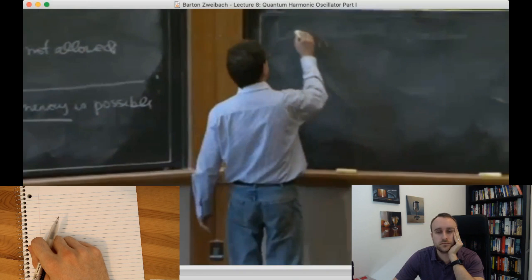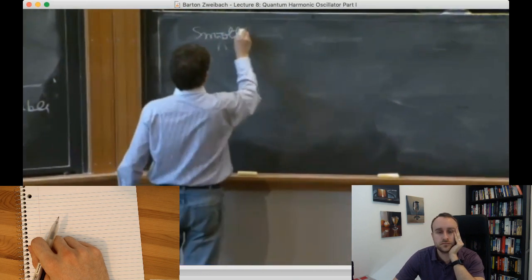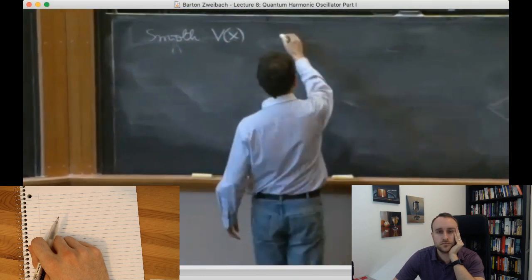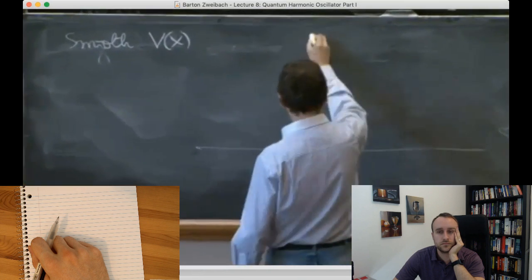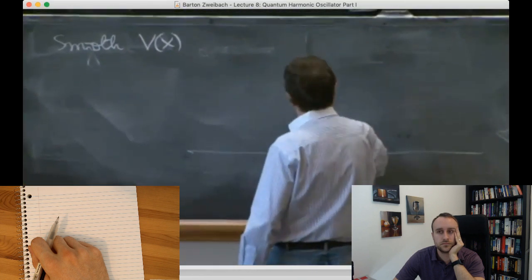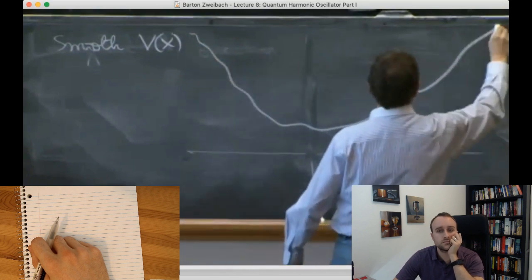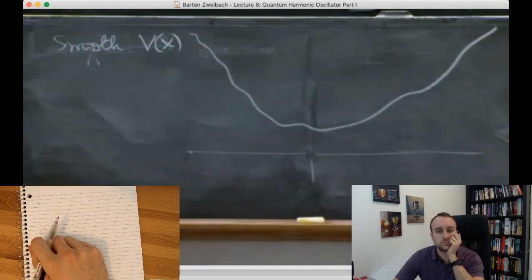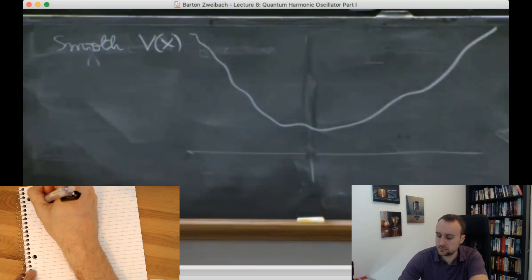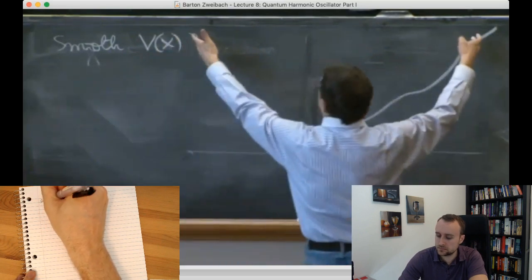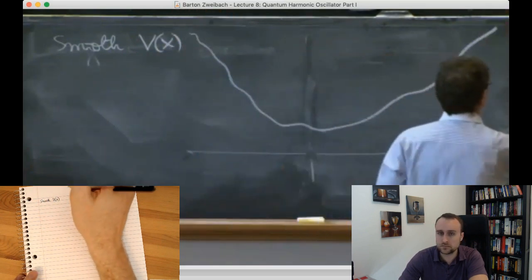So here's the general case. I'm going to take a smooth V of x that will be of this kind. The potential here is x, and this potential is going to be like that. Smooth all over, and I will have it go to infinity as x goes to infinity.